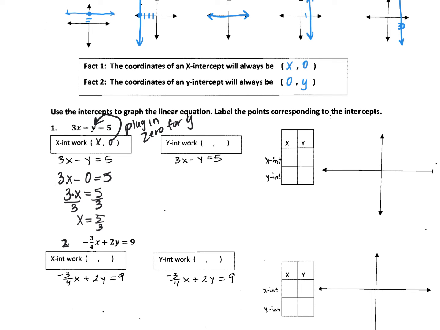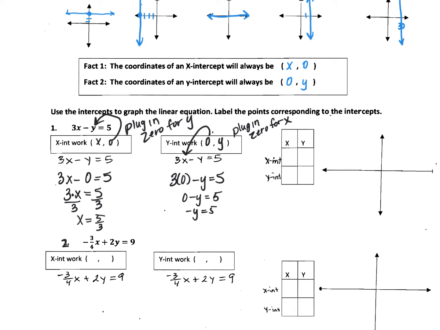And then to find the y-intercept, we're going to plug in 0 for x. Okay, so I'm going to take 0 and plug it into the x of the equation. 3 times 0 minus y equals 5. And that's 0 minus y equals 5. Negative y equals 5.